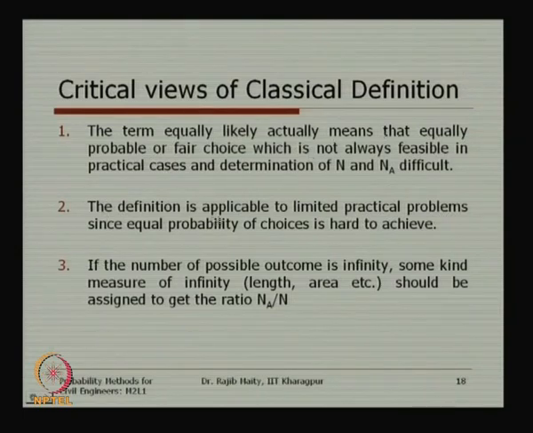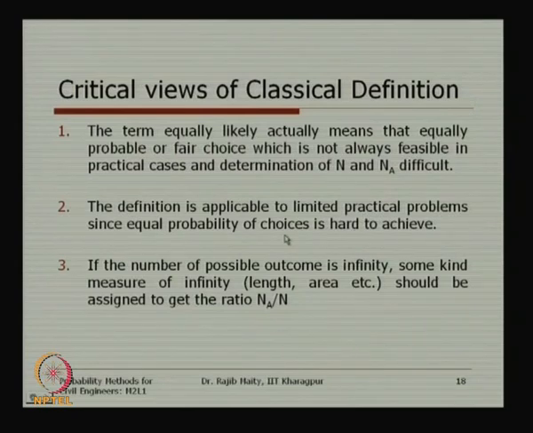The second thing is that the definition is applicable only to limited practical problems, since equal probability of the choice is hard to achieve. Even though for some experiments, by choice or by experience, we say that all possible outcomes are equally likely, and for those the definition can be applied, there are many other examples where equally likely events cannot be assured.